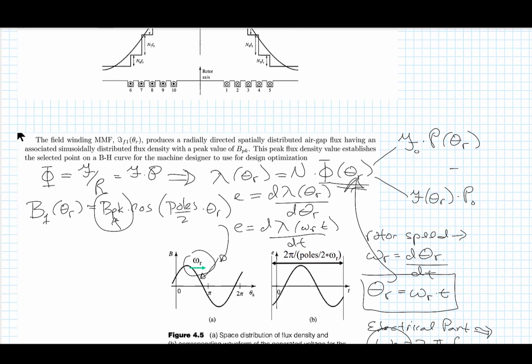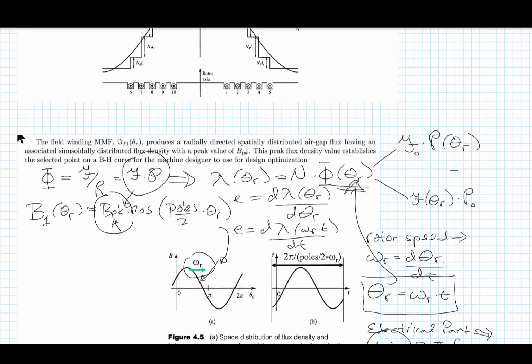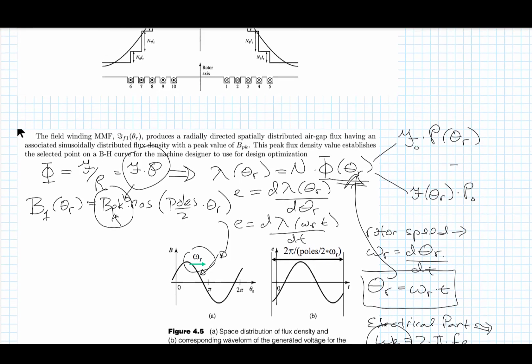All we need now, which we can get from this relationship here, is a peak flux density expression, and that becomes four times mu naught over pi g times the winding distribution factor.